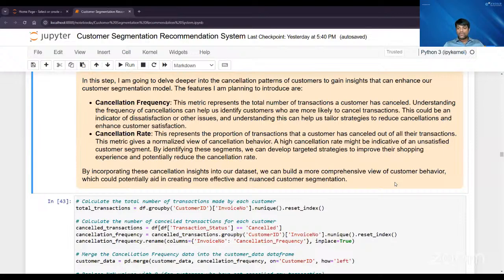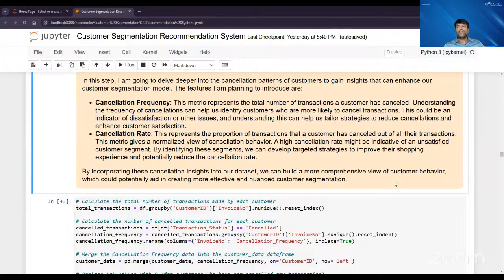If we try to understand the reason a person is canceling the products, we can identify the potential reasons and how we could act on that, and based on that we can make a move.